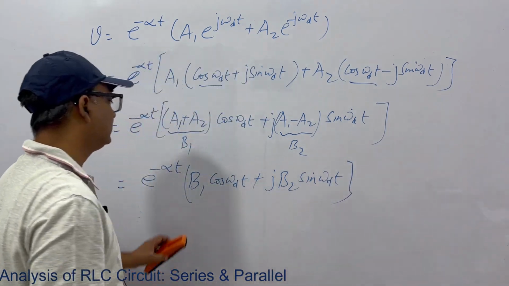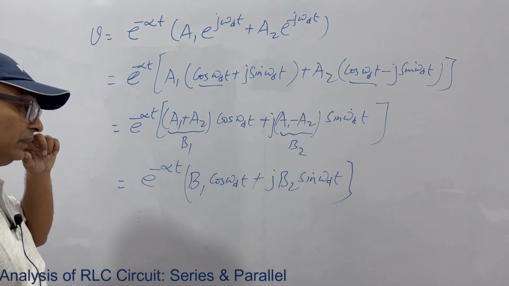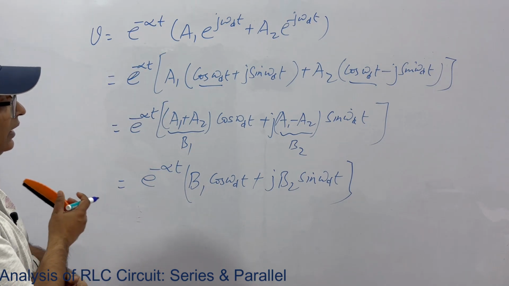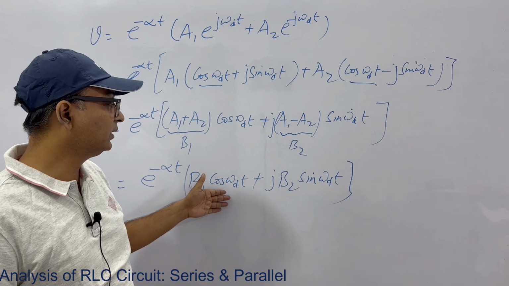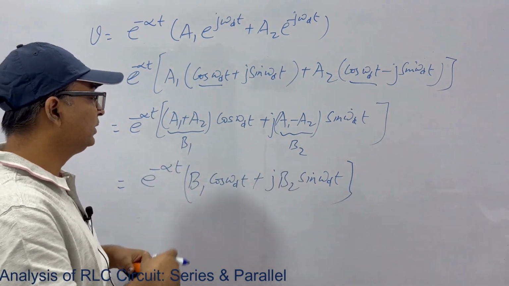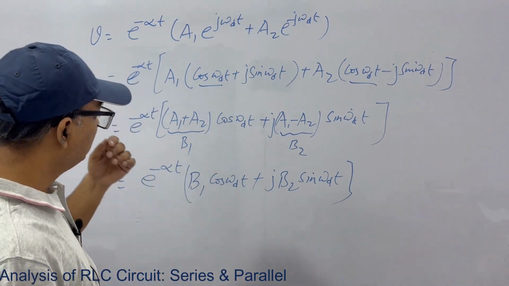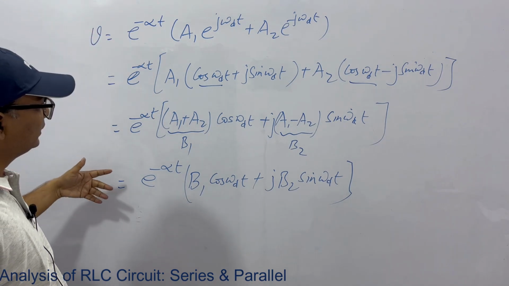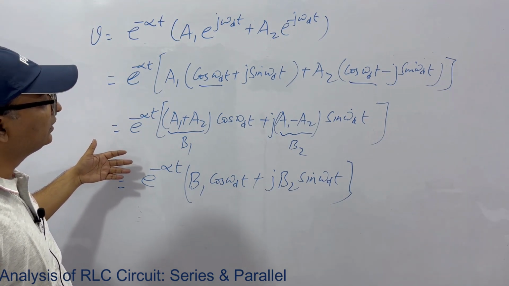So this essentially tells us that the voltage we get from this RLC parallel circuit is a function of cosine and sine waves. You should keep this in mind; you'll be able to use it in the solutions.